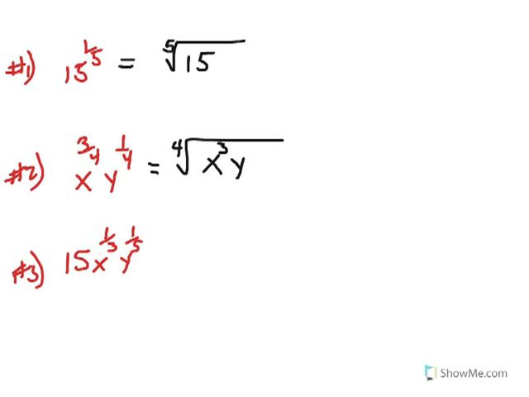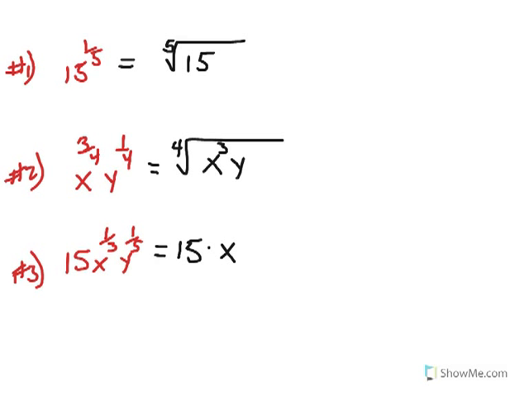This next one is a little more complicated. First of all, the whole number 15 doesn't have an exponent, so we're going to leave that outside of the radical regardless. The next thing you'll notice is the fractions that are exponents have different denominators. Those need to be the same so we can put it under one radical. The least common denominator between 3 and 5 is 15.